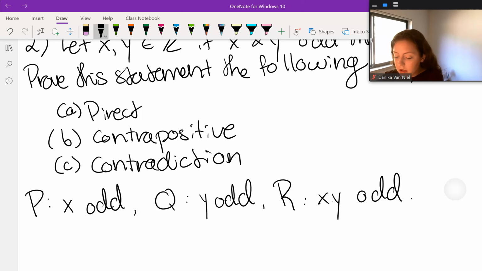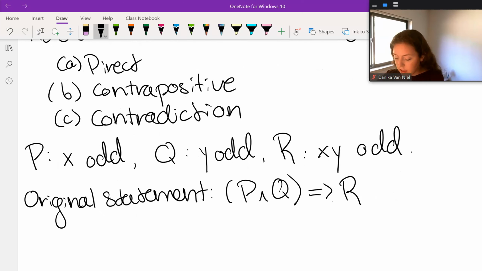So our original statement is P and Q implies R. All we're proving is odd times odd equals odd, so we can't use that in our proof. That may sound really obvious, but sometimes it really does trip up students: accidentally using what they're trying to prove in their proof.